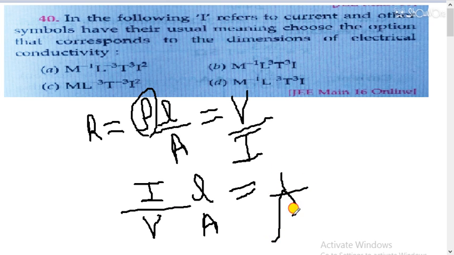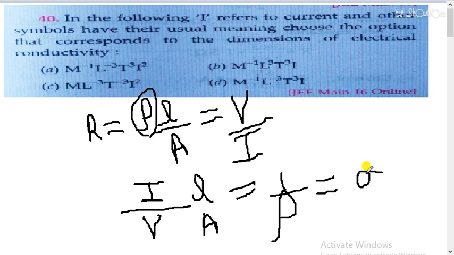This 1 by rho I can write as sigma, that is electrical conductivity. So conductivity is opposite to the resistivity. I hope up to this point the concept is clear.